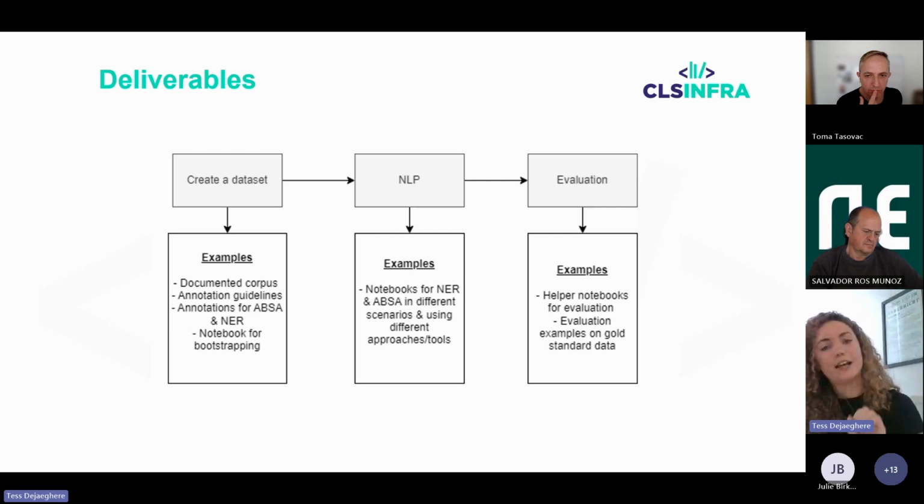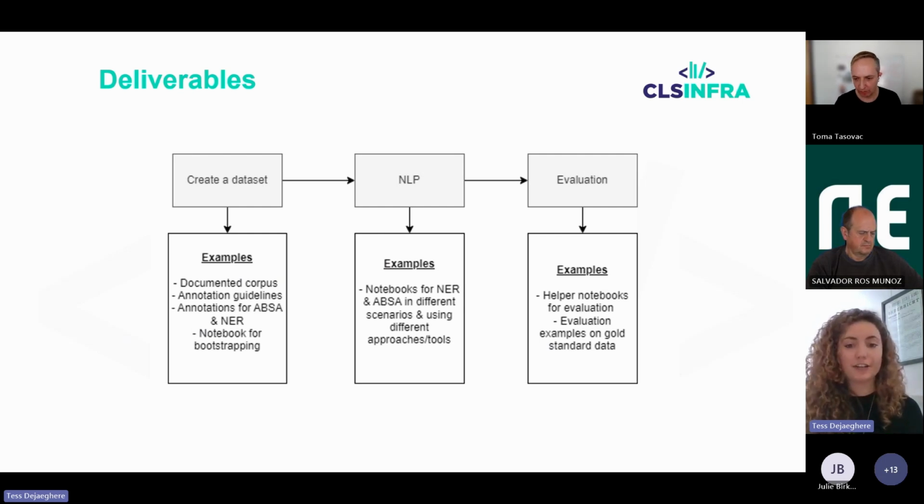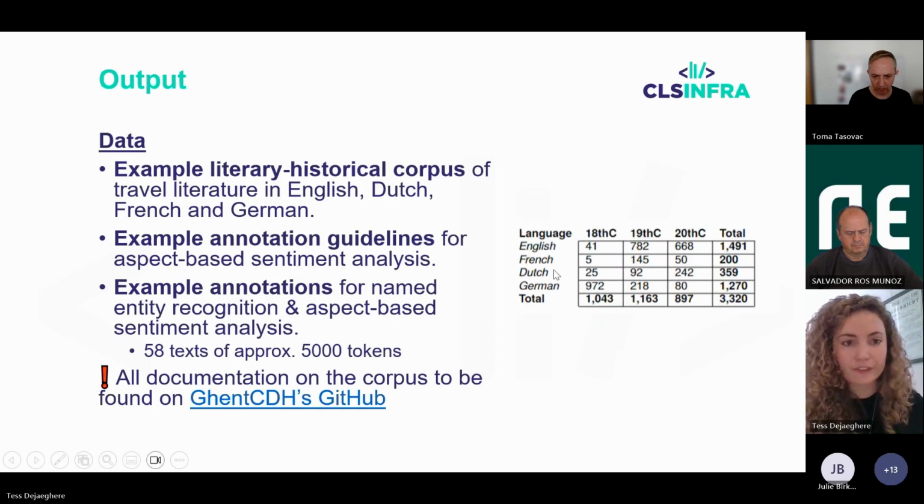And then for the analysis step, we provide notebooks for named entity recognition and aspect-based sentiment analysis in different scenarios and using different approaches and tools. And then for evaluation, we have some helper notebooks for how you can actually evaluate your corpus on a gold standard data if you have that available.